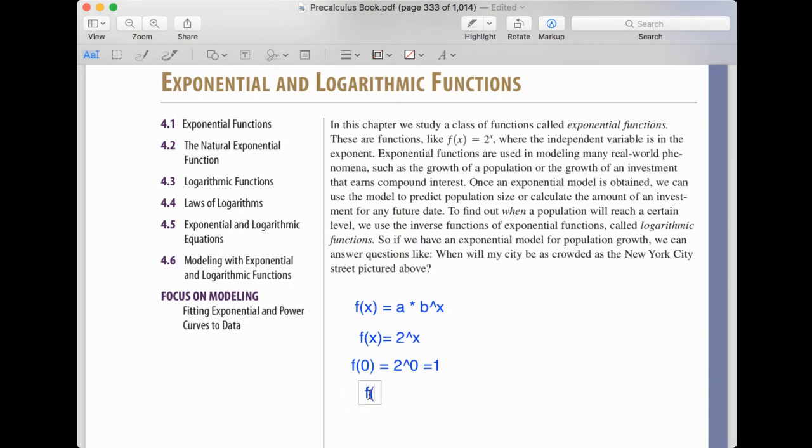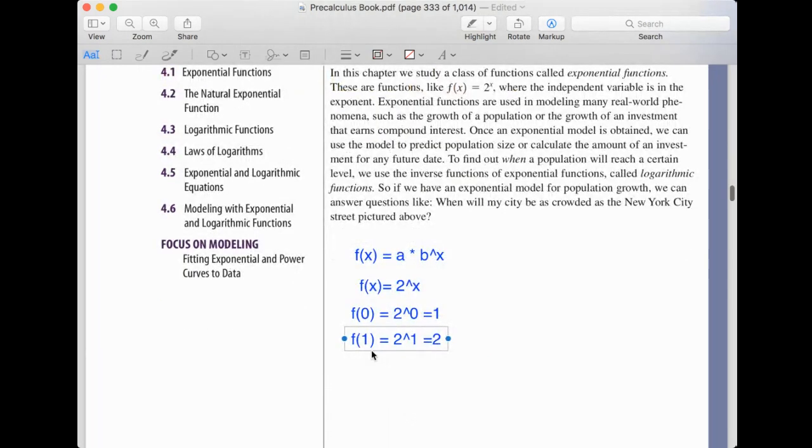F of 1 is 2 to the 1, which is 2. F of 2 is 2 squared, which is 4. F of 3 is 2 cubed, which is 8.